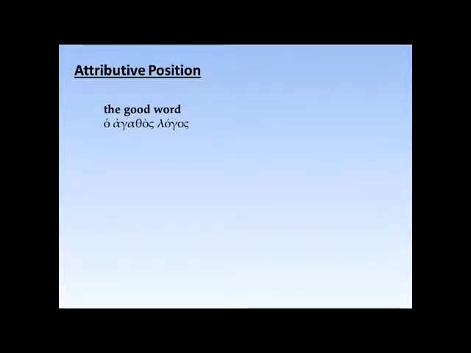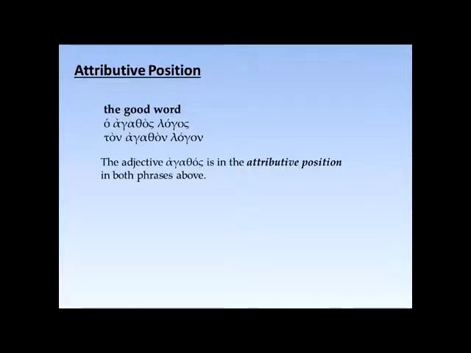That means the good word. Here we have it again, but this time in the accusative case, ton agathon logon. Definite article, adjective, noun. The adjective agathos is in the attributive position in both phrases above. In both examples, the word order is definite article, adjective, noun.